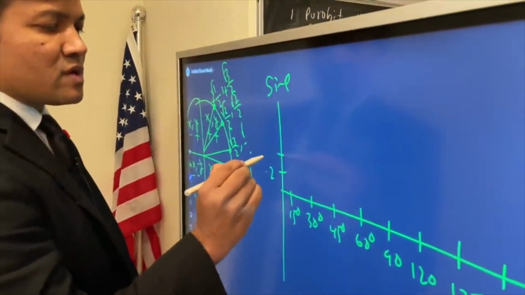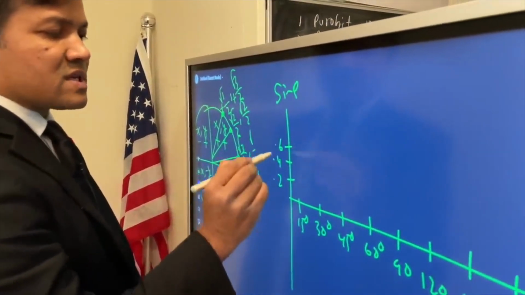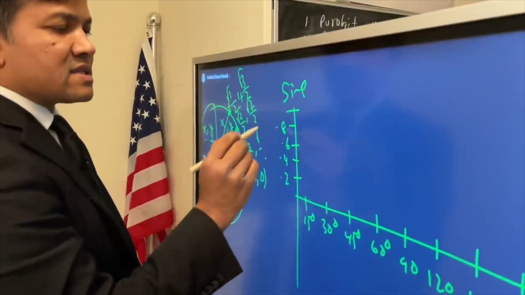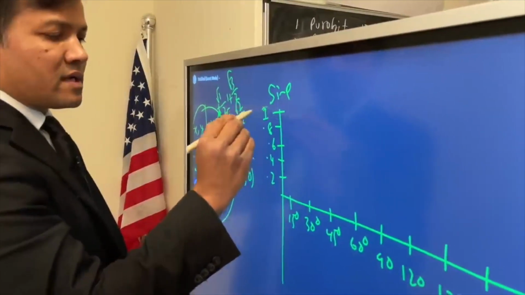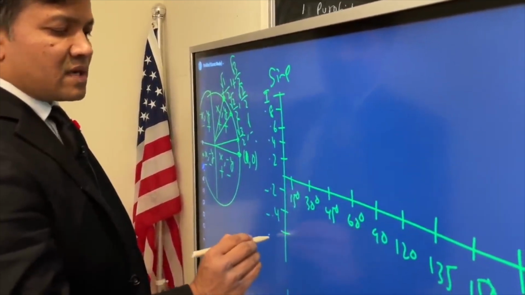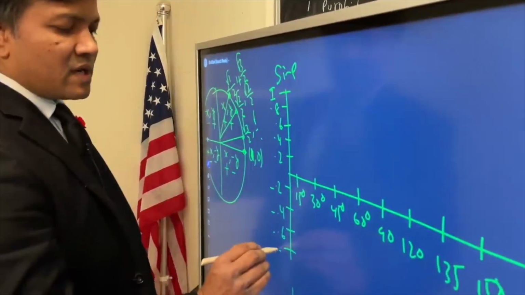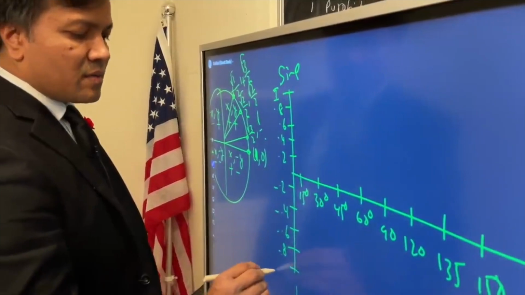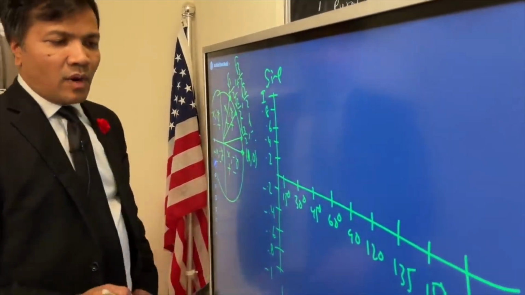This is 0.2, 0.4, 0.6, 0.8, and 1, and then negative 0.2, negative 0.4, negative 0.6, negative 0.8, and of course negative 1.